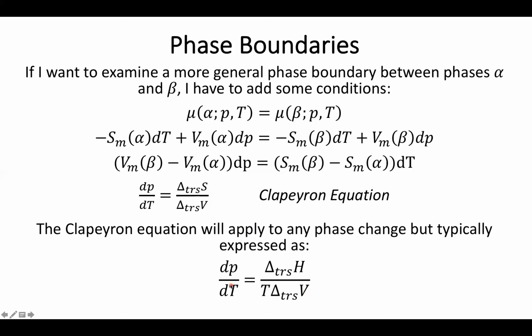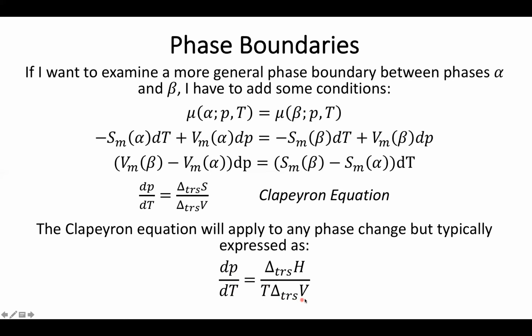So what this does is it lets me describe the change in pressure with the change in temperature over the enthalpy of transition, the temperature of the system, and the change in volume. Now, you're going to notice there's going to be a couple little problems here. For example, I'm looking at how pressure changes with temperature in terms of temperature.